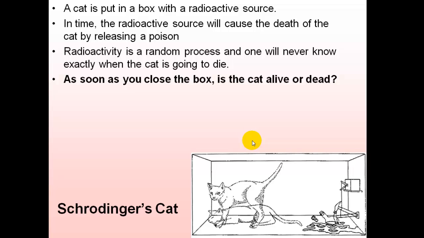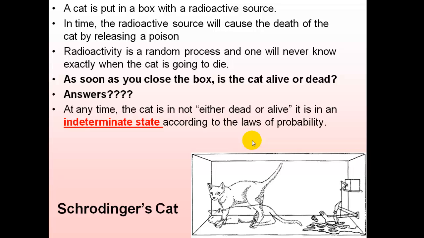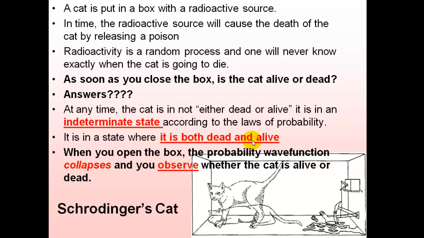But no, in terms of quantum physics, it's in this indeterminate state of being both alive and dead, according to the laws of probability. And when you open the box, the probability function collapses, and when you make this observation, the cat will go into a state of being either alive or dead, but not both.